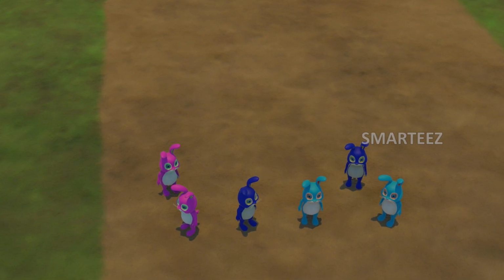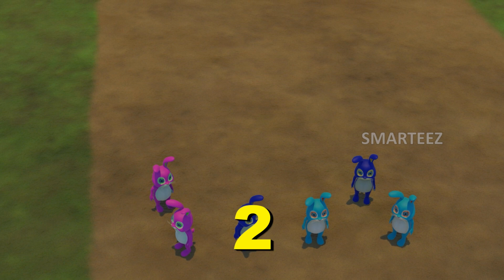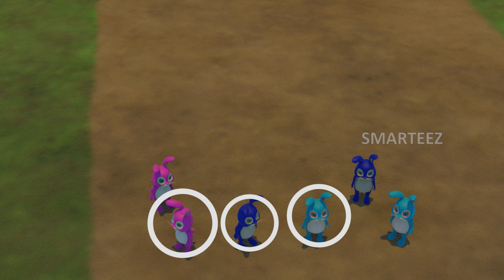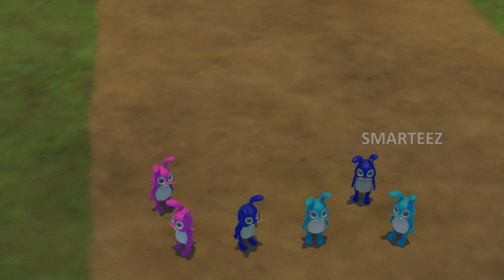How many of them are here? 1, 2, 3, 4, 5, 6. They are in 3 different colors. Let's see what happens when they move to separate areas.